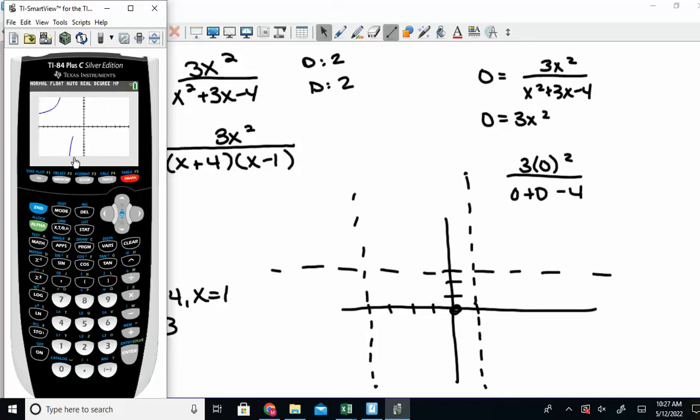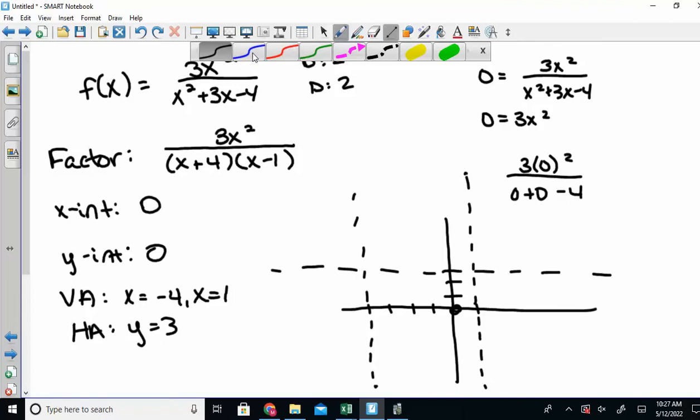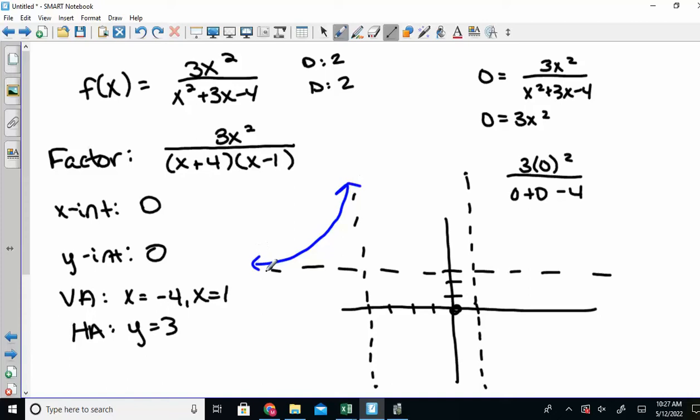We can see it starts up here, it's an upside down parabola, and then it's back up in the corner. When you draw those in, please make sure it's curved and getting closer to your asymptotes. So it'll look something like this.